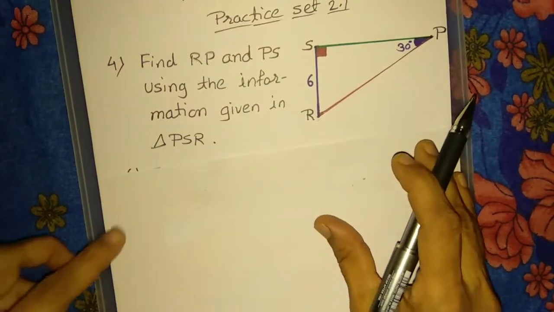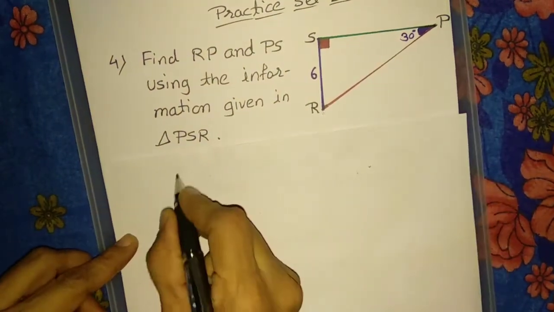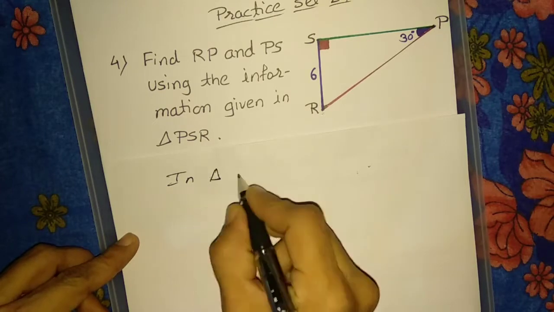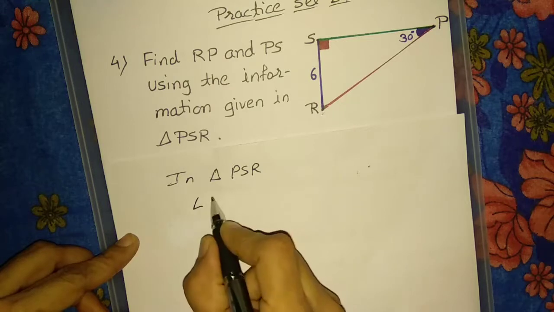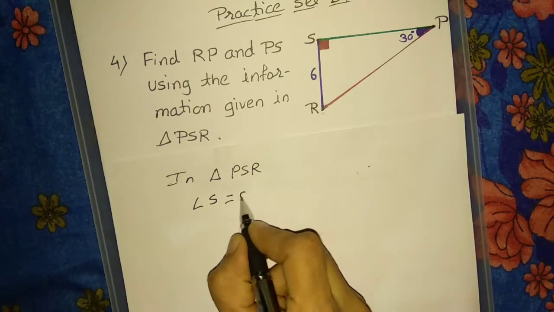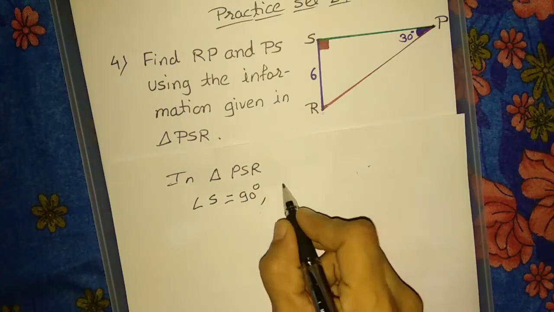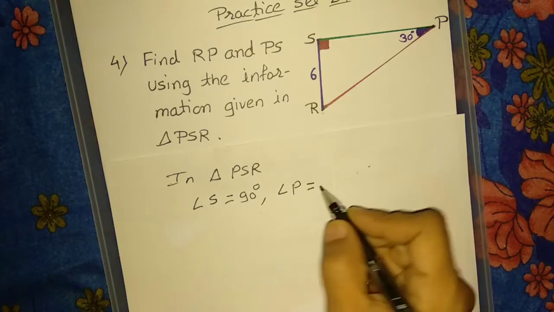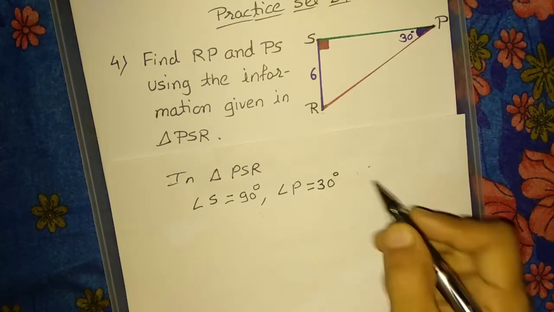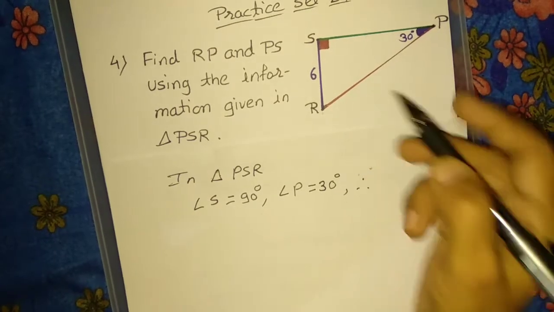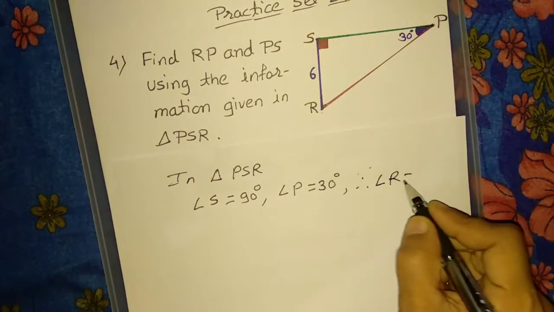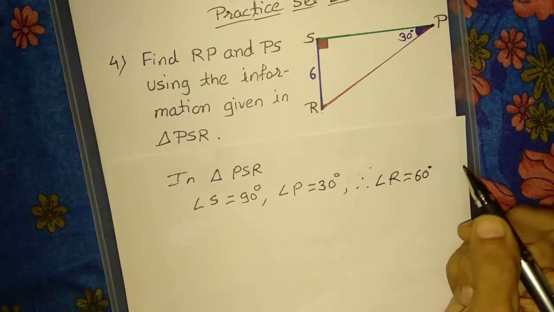In triangle PSR, angle S is equal to 90 degree, angle P is equal to 30 degree. Therefore, angle R is equal to 60 degree.